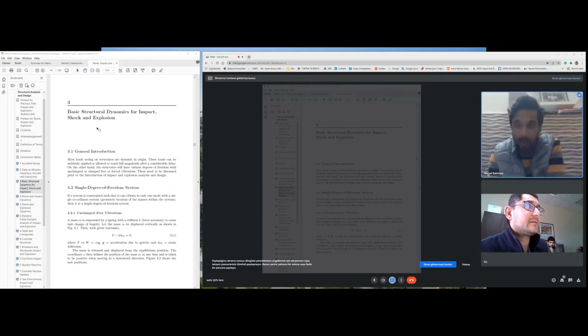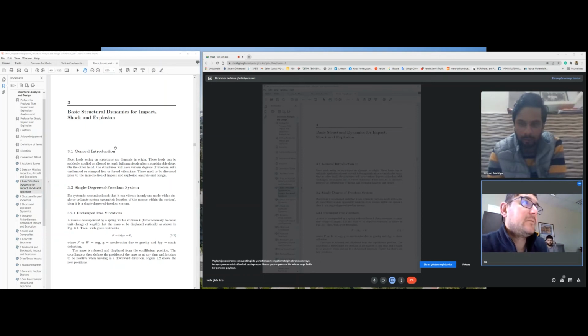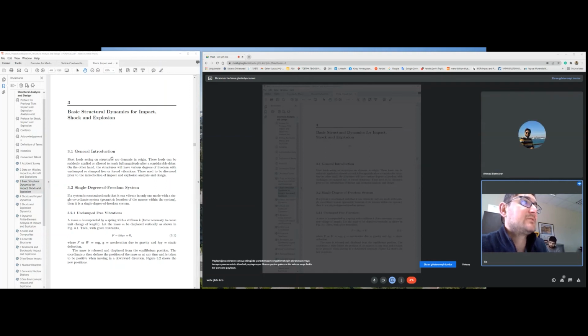Basic Structural Dynamics for Impact, Shock, and Explosion. When we look at the basic structural dynamics for impact, shock and explosion, this book's third chapter is important because it explains the system impact behavior starting from the fundamental behaviors.